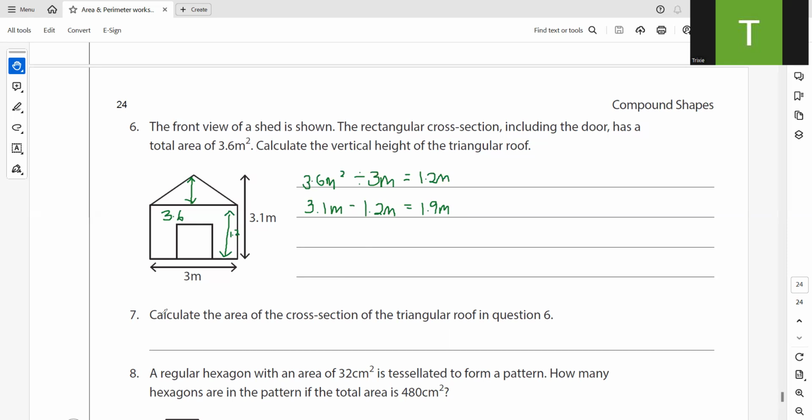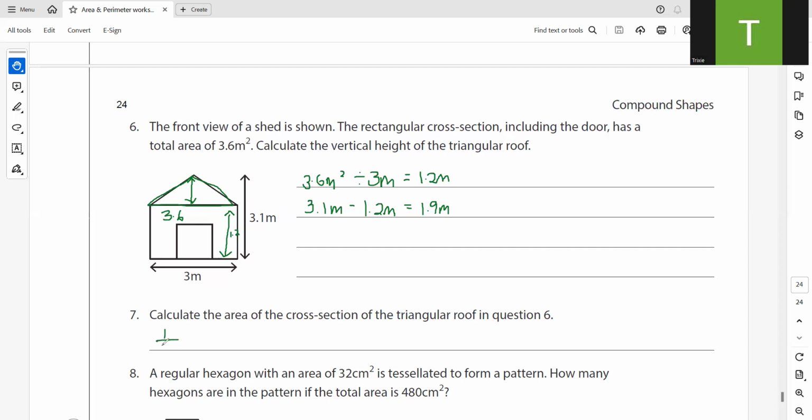Next, question 7, calculate the area of the cross section of the triangular roof in question 6. That means you need to find this. So as the height is given, which is 1.9, and the base is given also, 3 meters.